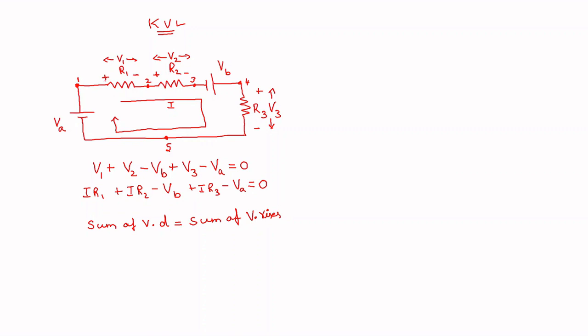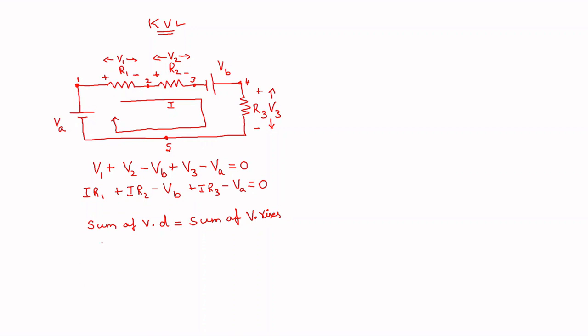When you walk from positive to negative through an element, you consider that potential as a drop. When you cross minus to plus, you consider that as a rise. So here it is plus to minus drop, plus to minus drop, minus to plus rise, plus to minus drop, again here minus to plus, so rise.